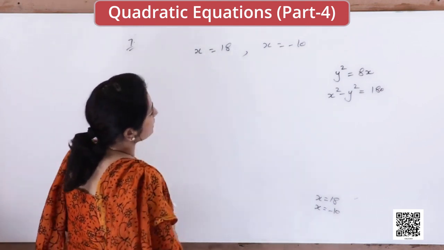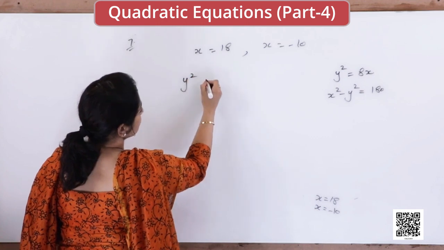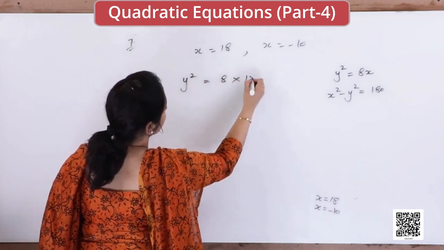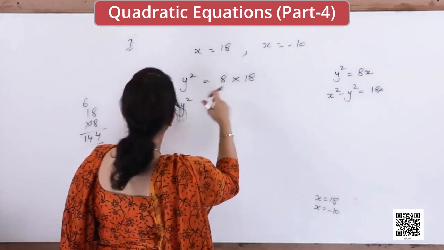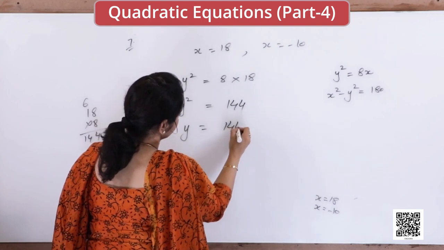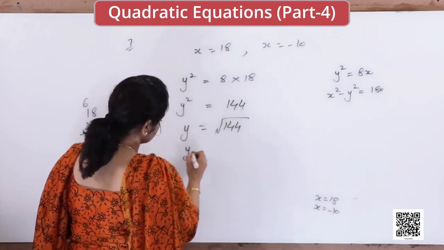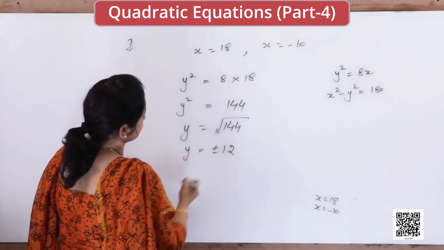If we take the value of x as 18, putting this value, y square will be equal to 8 into 18. So y square will be equal to 18 8s are 144 and y will be equal to 144 under the root, that is y will be equal to plus or minus 12.